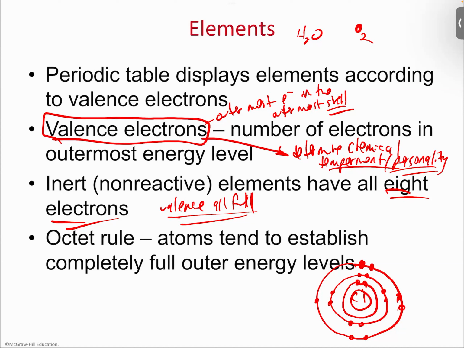How many can I put in this outermost shell in chlorine? 1. If I add 1 to fill it up, how many electrons do I have, and how many protons? What's my charge? So group 7 makes a -1 ion.